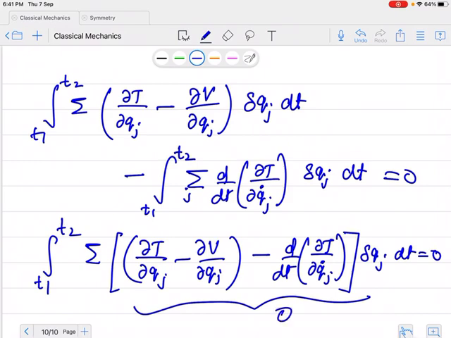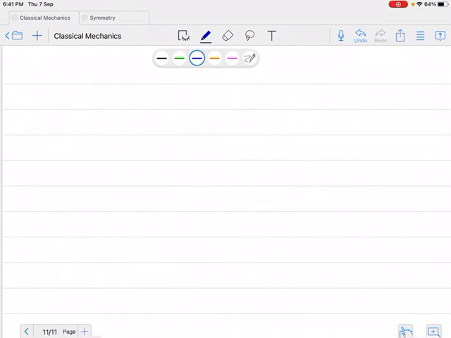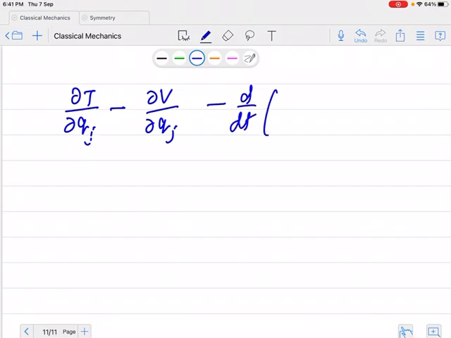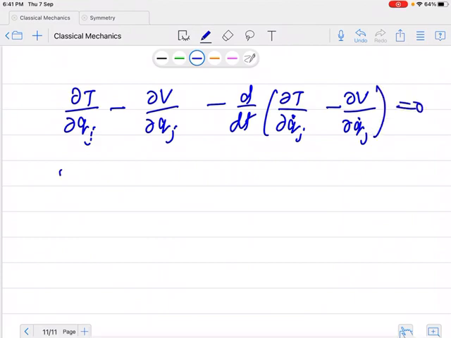So equating the coefficient of the jth coordinate to 0, we get this equation: del T by del qj minus del V by del qj minus d by dt of del T by del qj dot. Because the potential is not dependent upon qj dot, del V by del qj dot is 0. So what is this now?